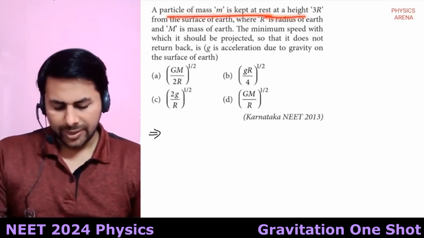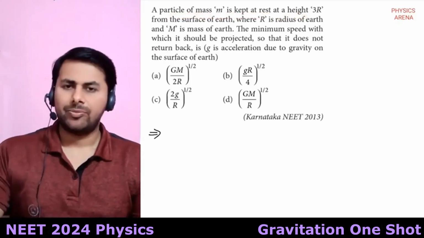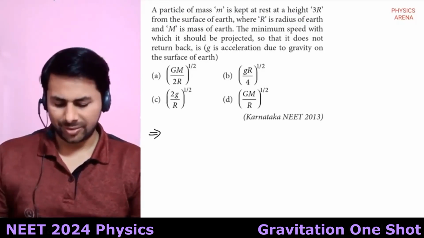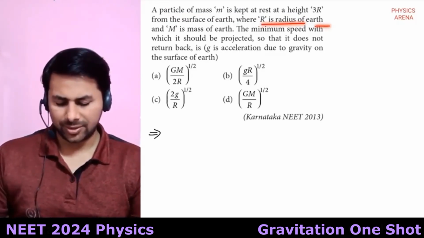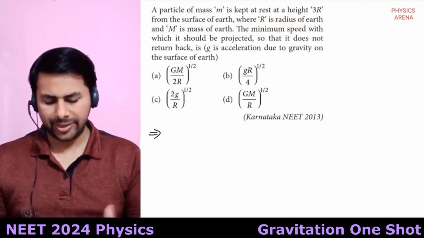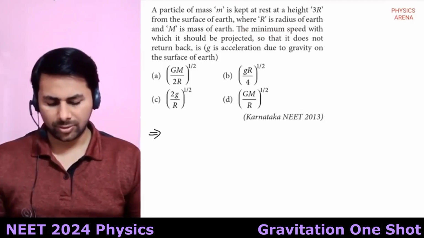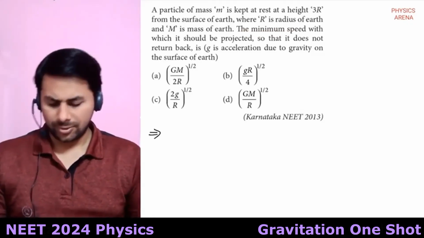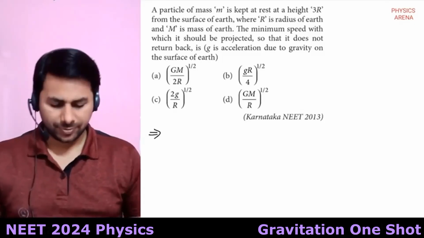At 3r from the surface of Earth, what should be its minimum speed so that it does not return back? That means it goes to infinity.